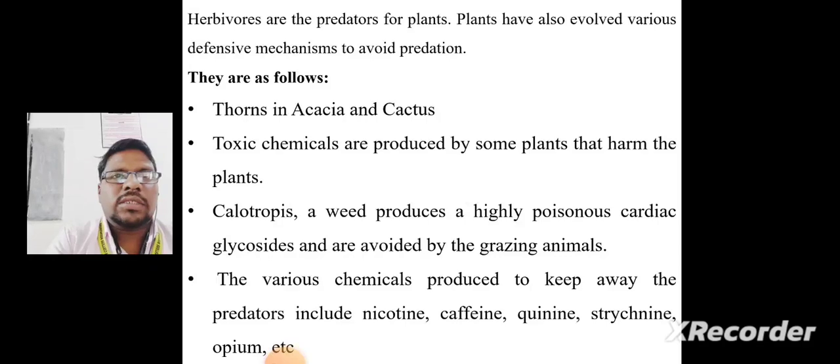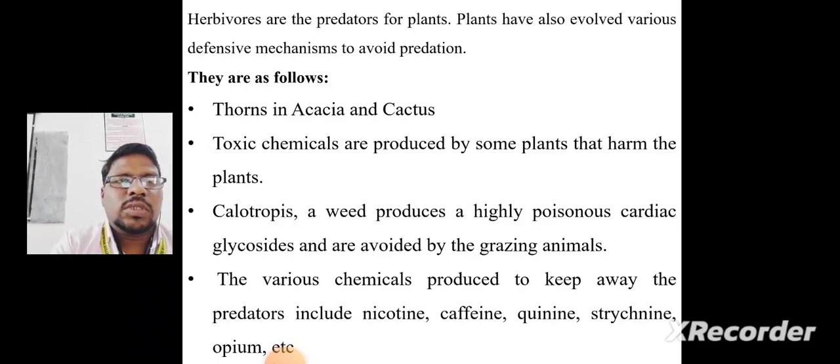Some of the plants produce toxic chemicals that harm other organisms. Calotropis, a weed, produces highly poisonous cardiac glycosides that are avoided by grazing animals. Various chemicals produced to keep away predators include nicotine, caffeine, quinine, strychnine, and opium, etc.